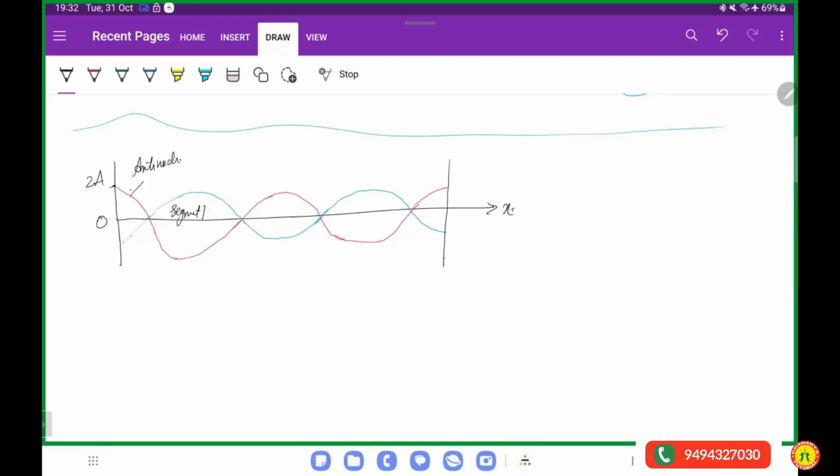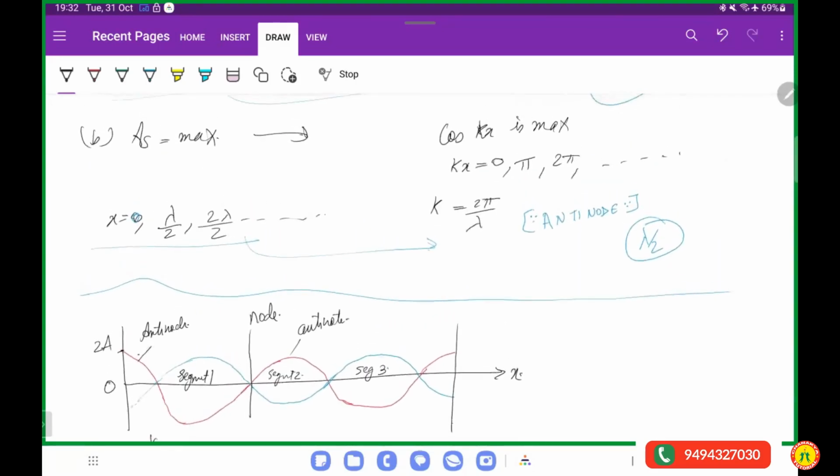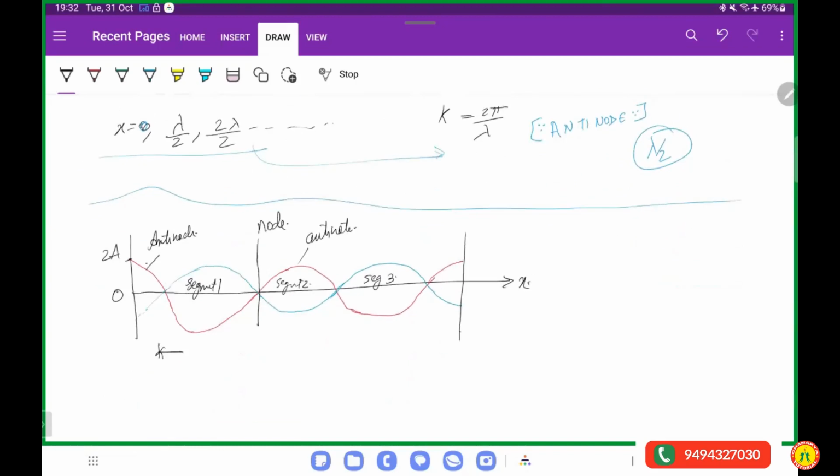This whole, again, segment 2. This is segment 3, and so on. So at this point, it will be a node. And again it is an antinode. So this was total how much? Lambda by 2. Yes, the difference was lambda by 2.